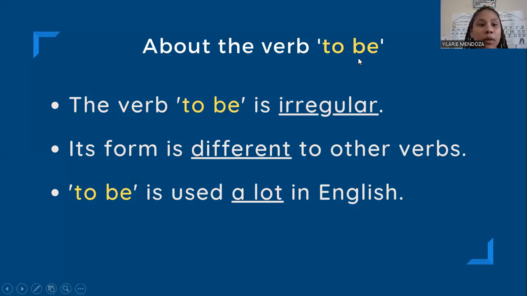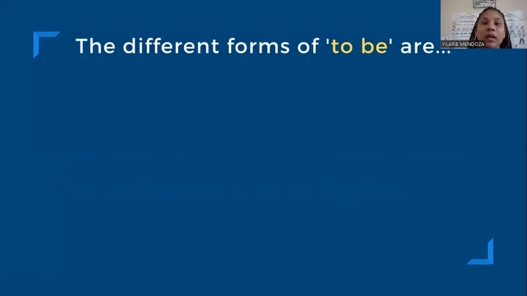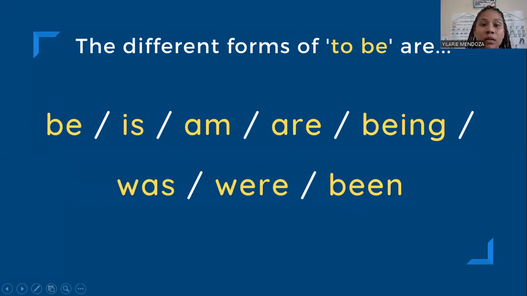About the verb to be. The verb to be is irregular, different from the other verbs. The verb to be is used a lot in English. The different forms of the verb to be are be, is, are, am, was, were, been.